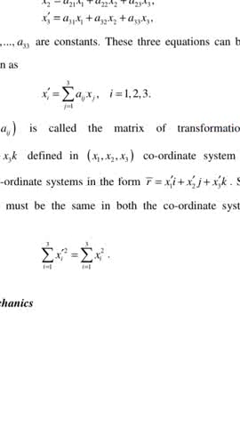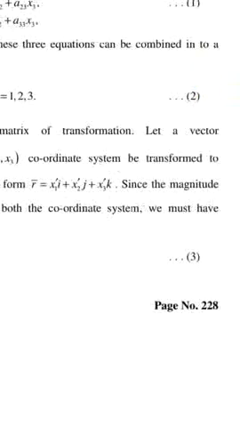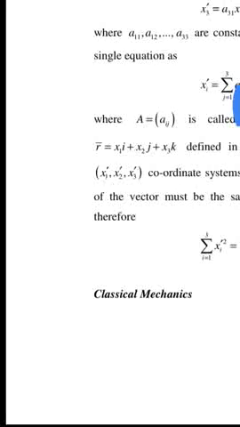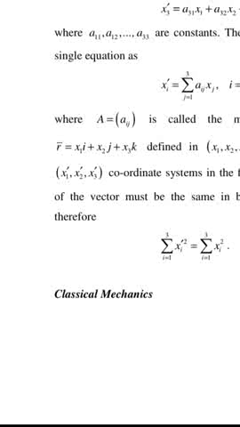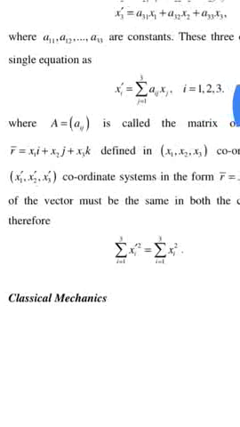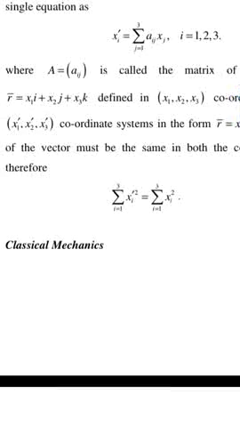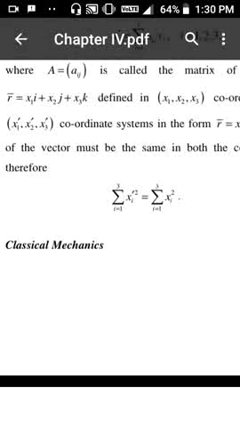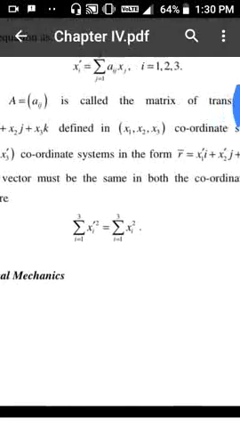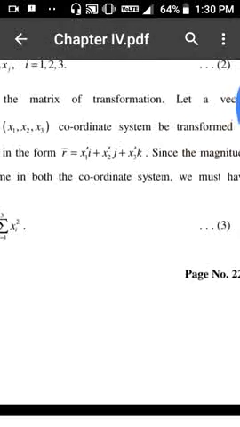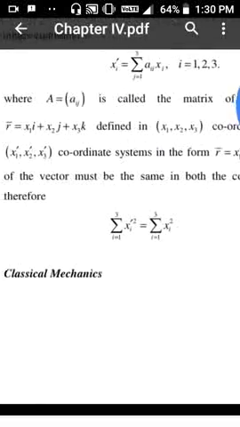These three equations can be combined into a single equation as xi dash is equal to the summation of a_ij xj, j equal to 1 to 3, where A equal to (a_ij) is called the matrix of the transformation.